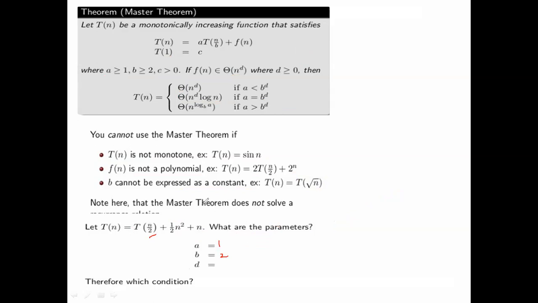This is the function f of n equal to 1 by 2 n square plus n. The highest degree is n square, so f of n equal to theta of n power d. So n power d here is n square, so the d value is 2.